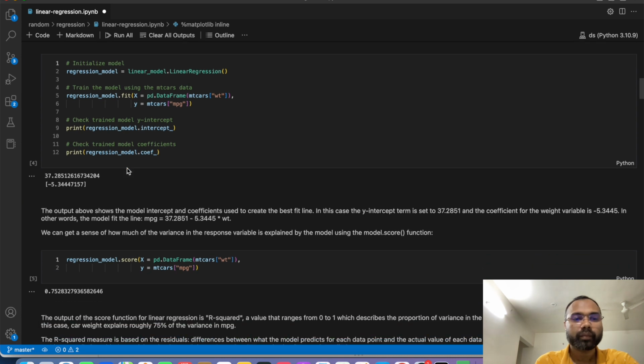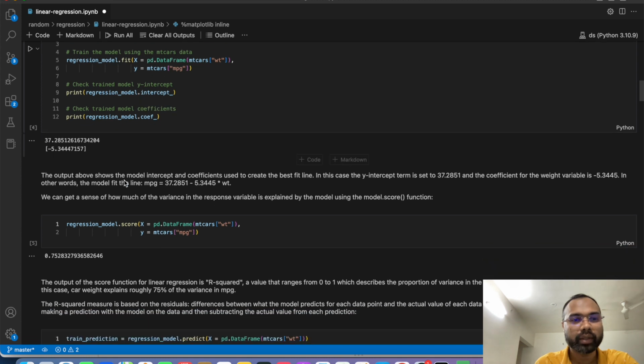Okay, so after that we'll do the training. Let's check the trained model's y-intercept and coefficients. The output above shows the model intercept and coefficient used to create the best fit line. In this case, the y-intercept, which I had shown you in the diagram, is about 37, and the coefficient of the weight is about -5.